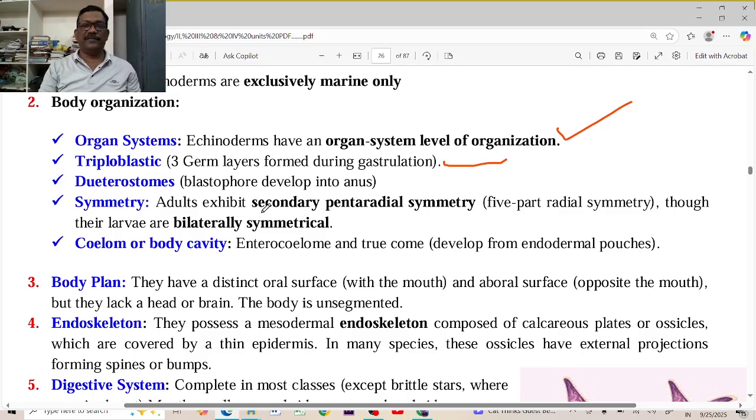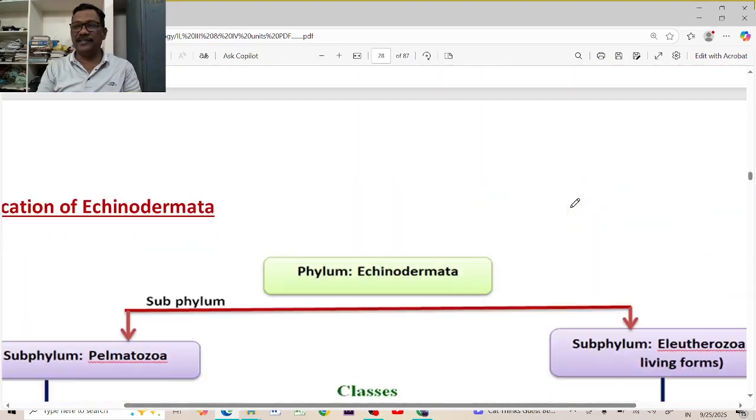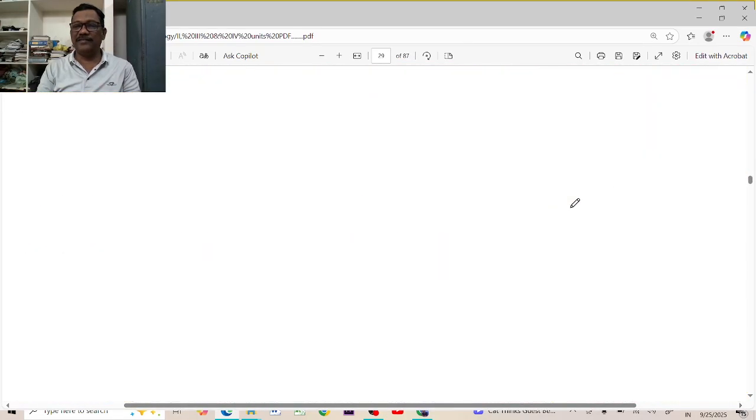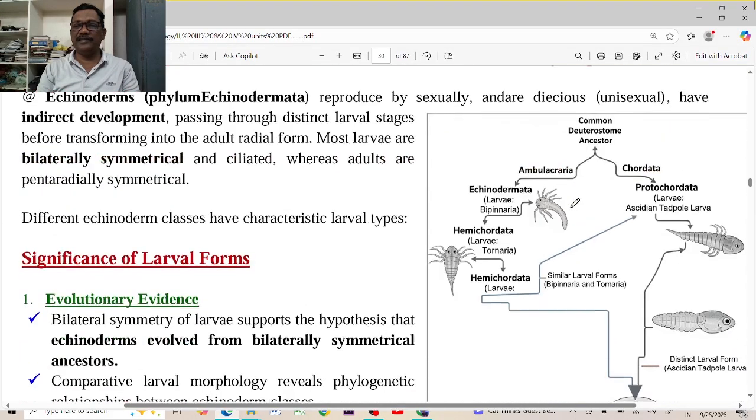Symmetry. The very important and interesting thing is the larvae of these animals. The larvae show bilateral symmetry.